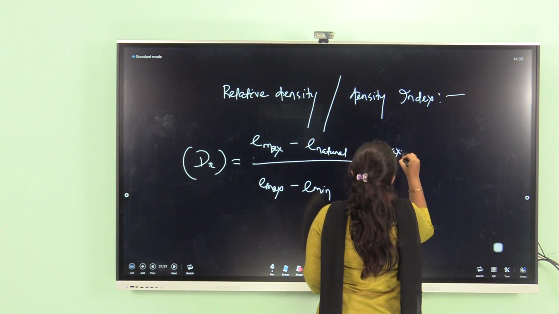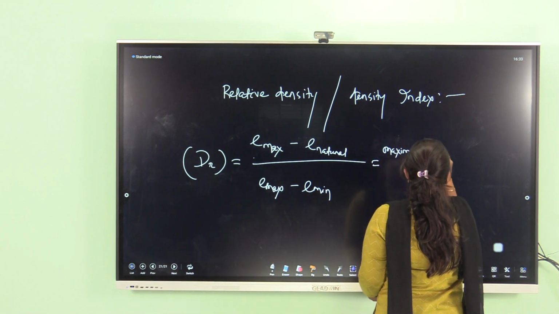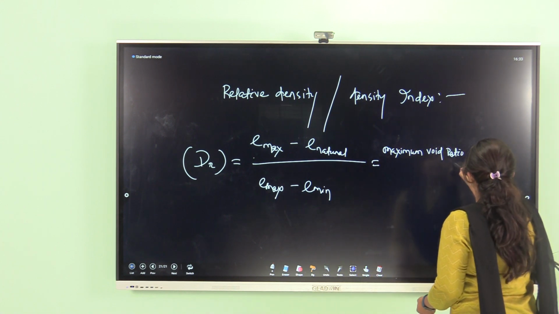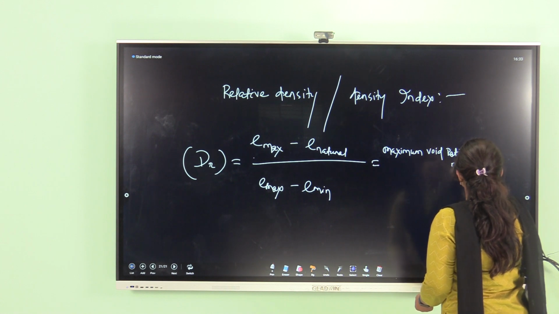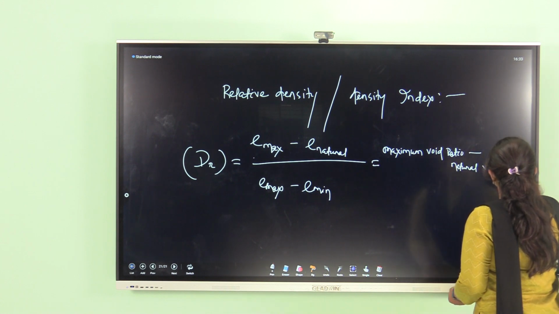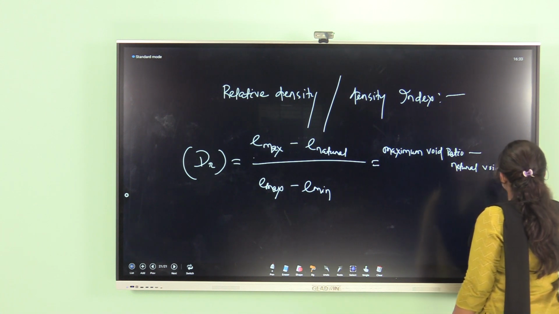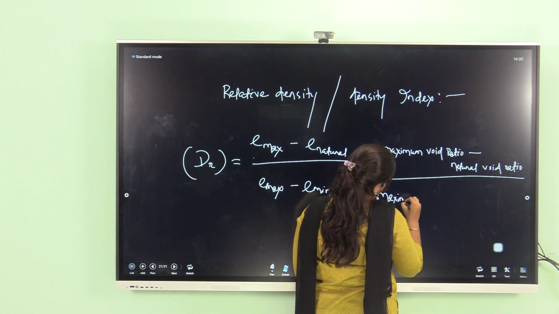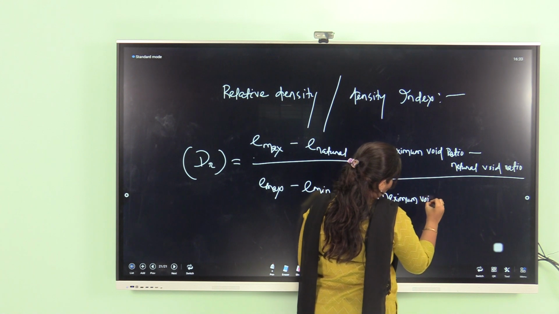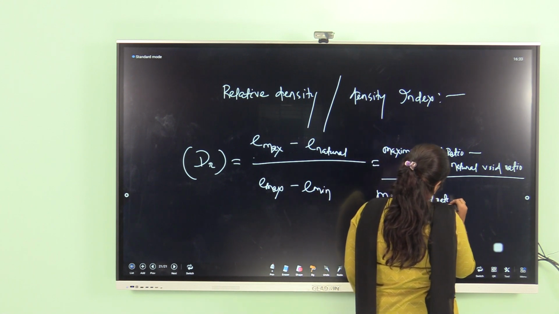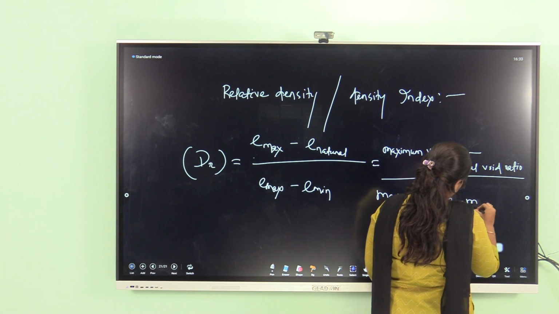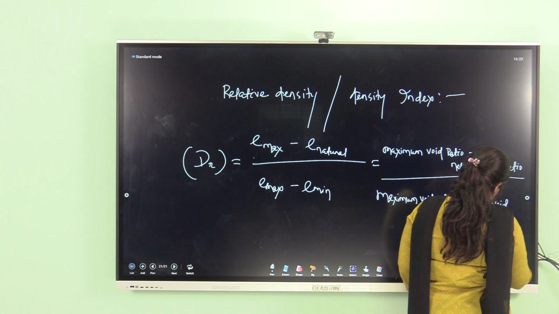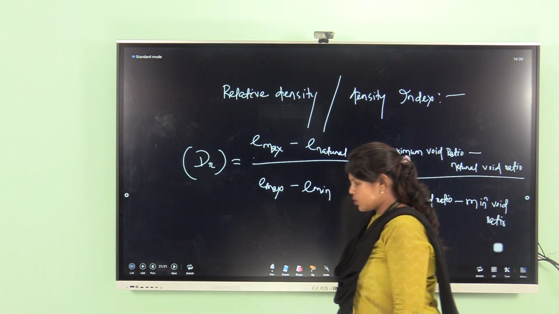Maximum void ratio, minus natural void ratio. Okay. Divided by maximum void ratio minus minimum void ratio. Okay.